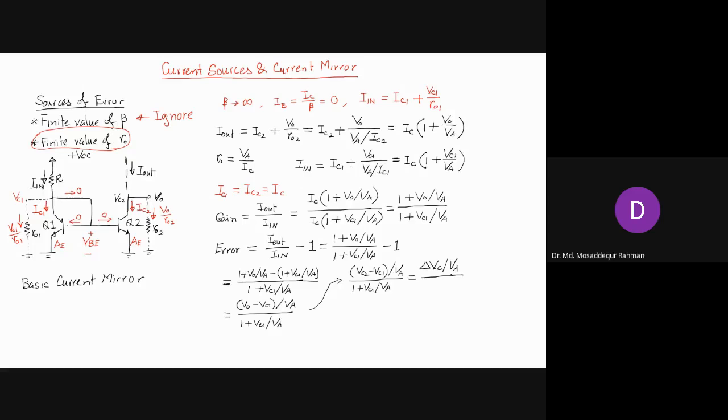And that divided by, now what is VC1? VCC minus I in R. That's too complicated, no?